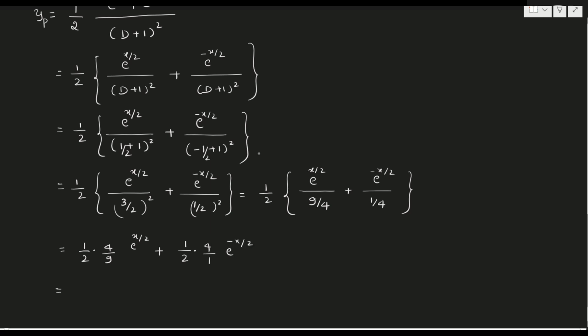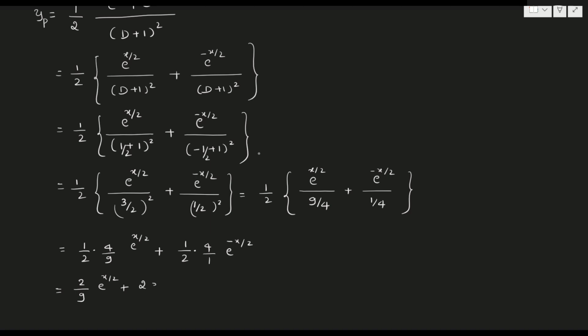So when you simplify, what will you get? 2 by 9 e raised to x by 2 plus 2 into e raised to minus x by 2. This is our yp, that's the particular integral.